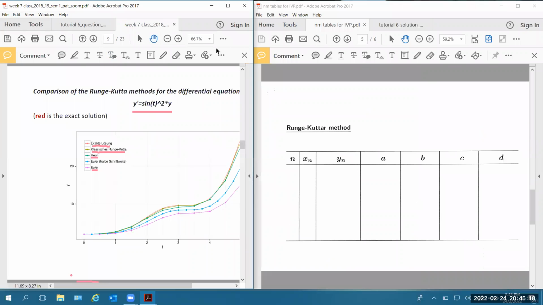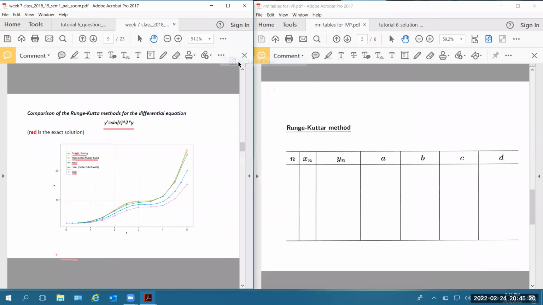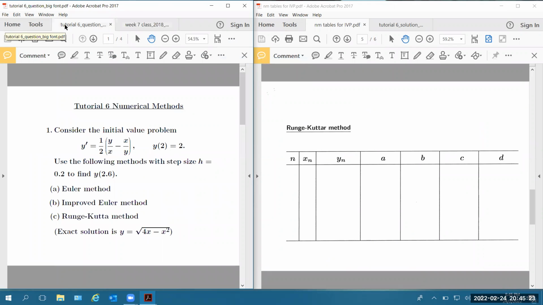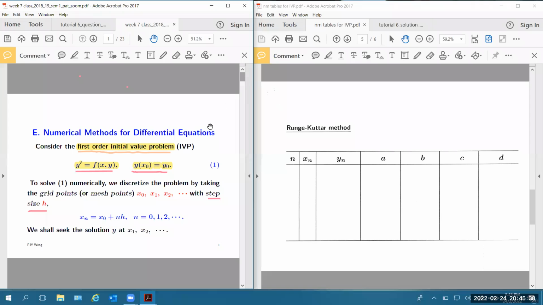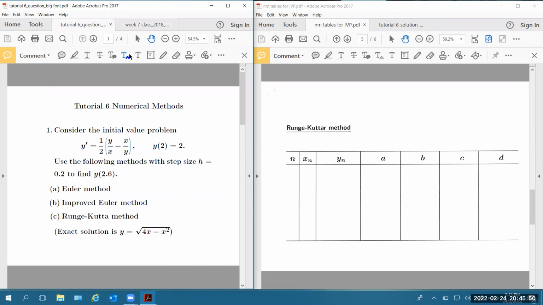And let's go to our first question. Okay, this is our first question. Consider the initial value problem. Okay, so this is our initial value problem. Now let's check it with our initial condition. This is a problem that we are solving, right? y prime is function f of x, y, and y(x0) is y0. Now let's match it to this problem.